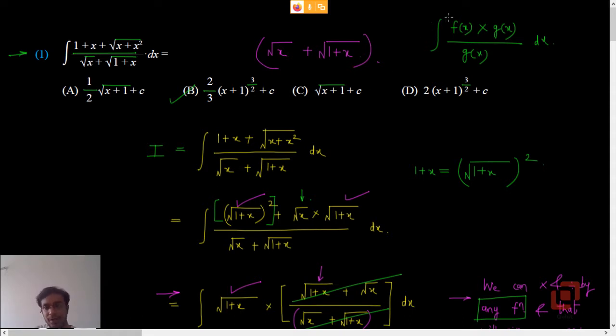Okay, if you write f of x into g of x in the numerator in a more complicated form such as this one, then the first step is not going to be the integration step, but the step is going to be that of simplification.